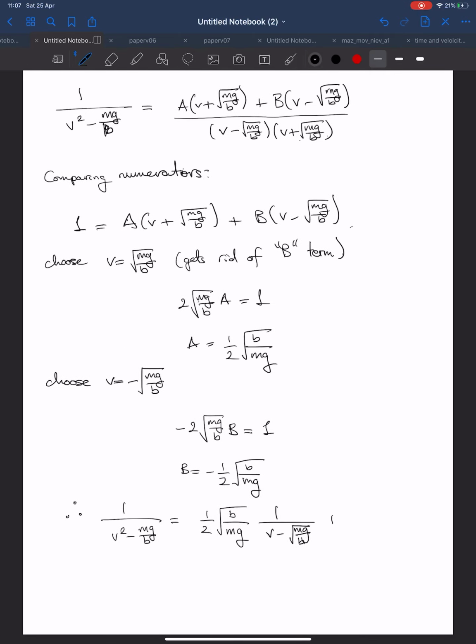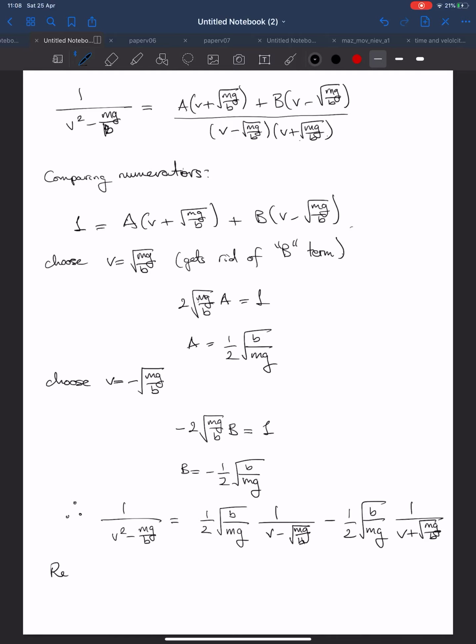Perfect. And then I have this term, so I have to insert B, which is minus 1/2. Now I can do some more simplification, because I have a common factor of 1/2 square root of b over mg. It's not necessary, but it's up to you.